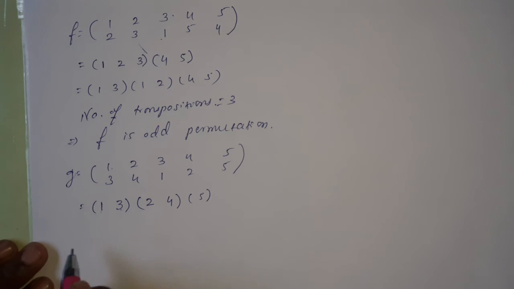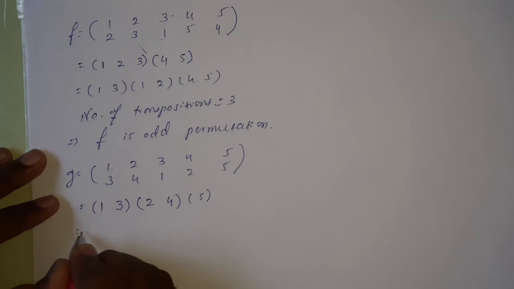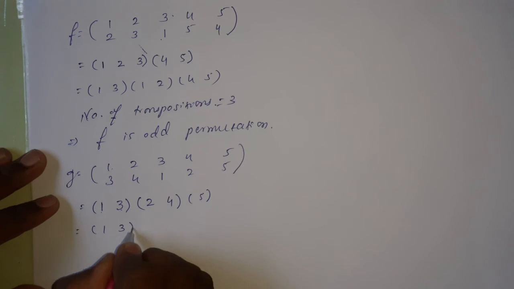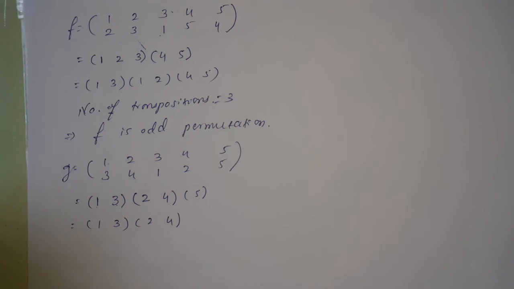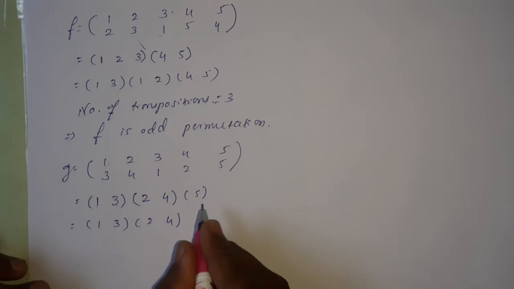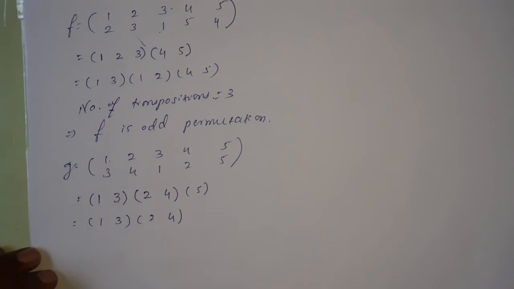Now here we have (1 3)(2 4). There are only 2 transpositions. Here 5 is not a transposition, because a transposition means a cycle of length 2, right?